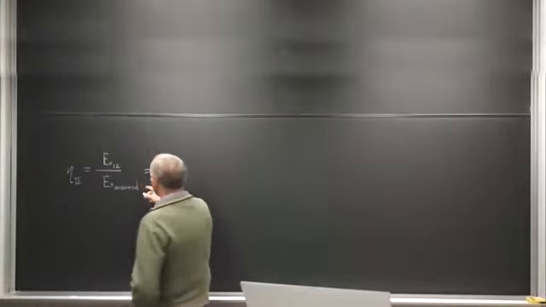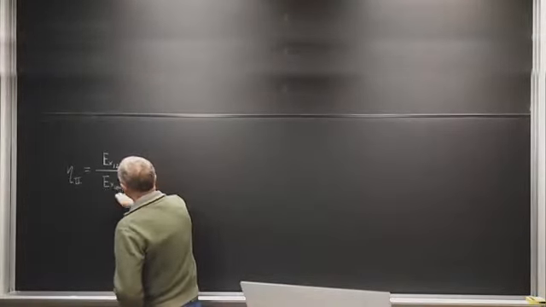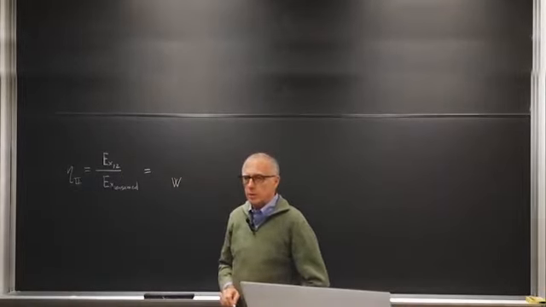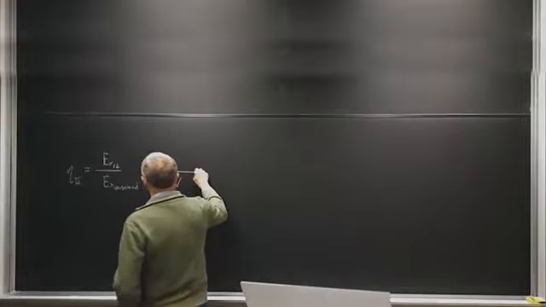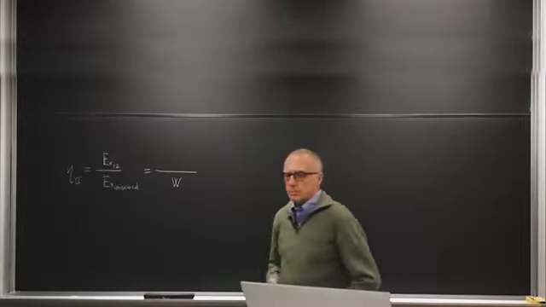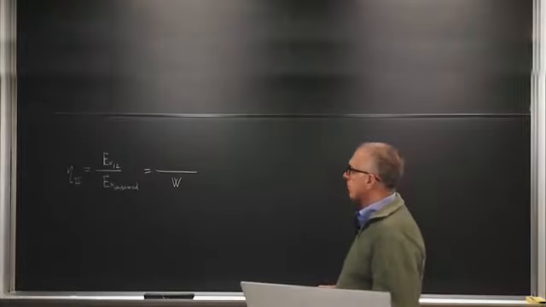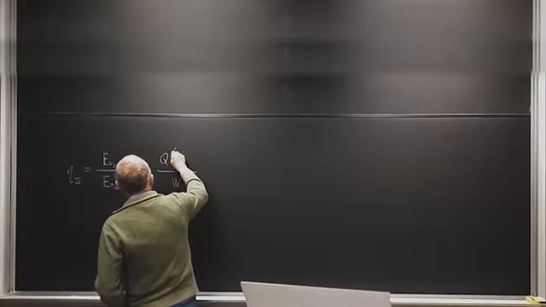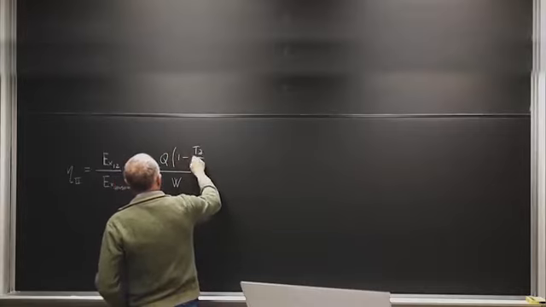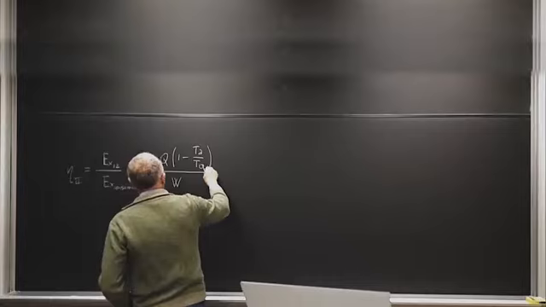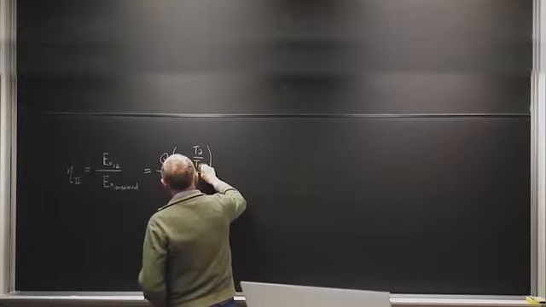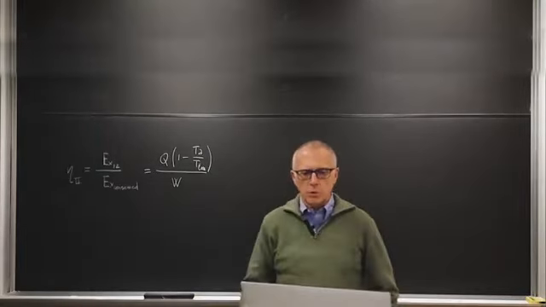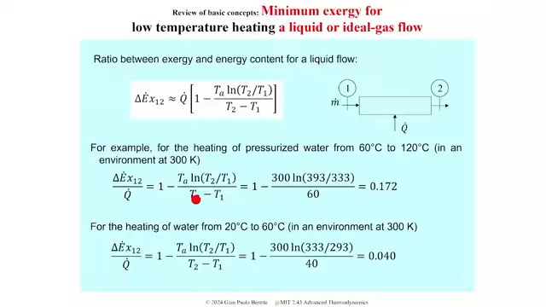So in this case, you're using work. The exergy consumed is equal to the work that you're using in your electric boiler. And the exergy up there is Q times 1 minus TA over TQ, where TQ is the logarithmic mean temperature. So it's precisely what we have computed here.